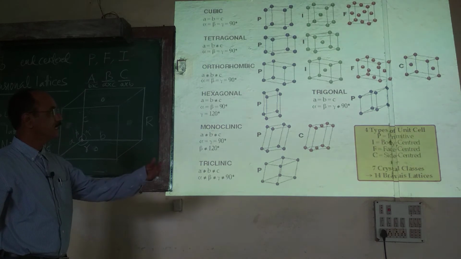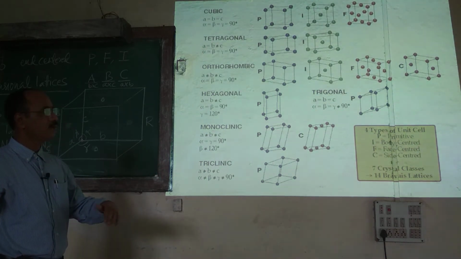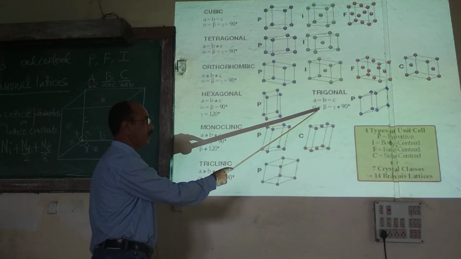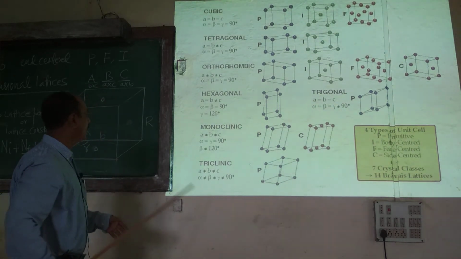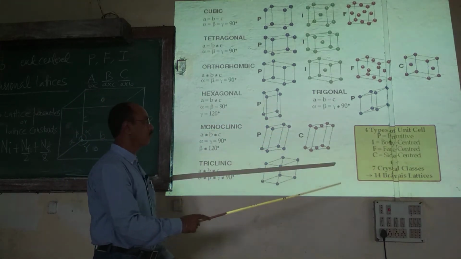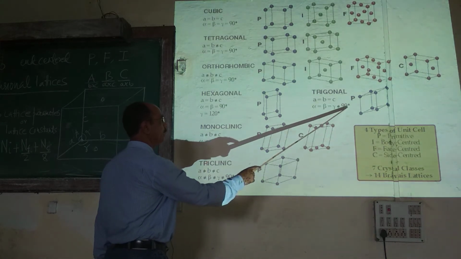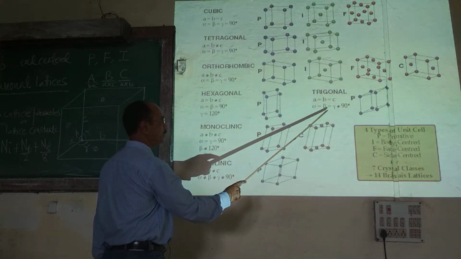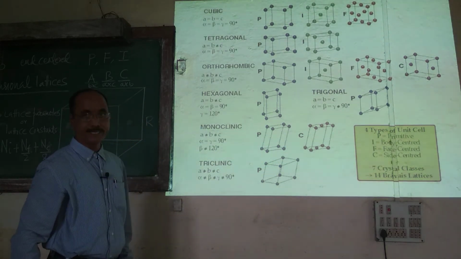Then the fifth type of crystal system, which has got only one Bravais lattice, is called trigonal or rhombohedral. It is also called rhombohedral, and it is represented by R also. Trigonal or rhombohedral is defined by the lattice constants A is equal to B is equal to C, alpha is equal to beta is equal to gamma is not equal to 90 degrees.